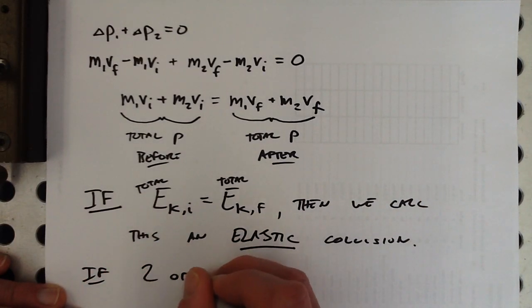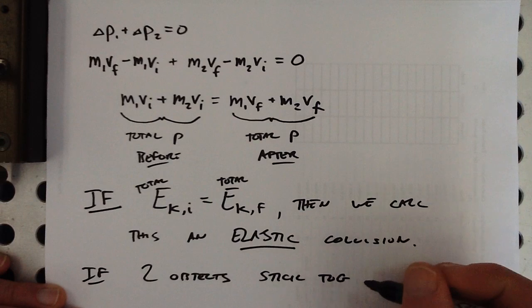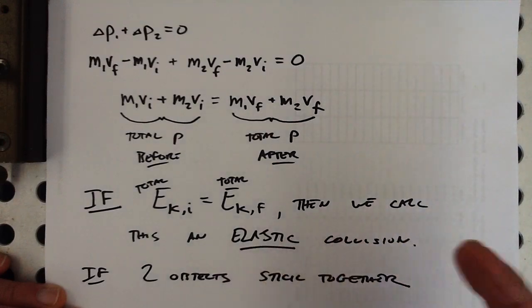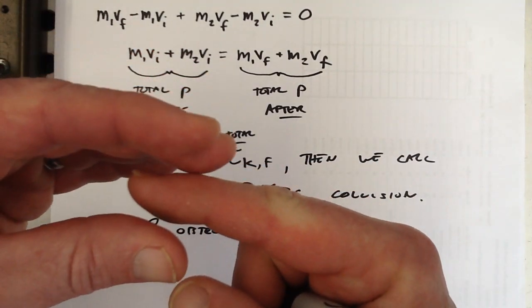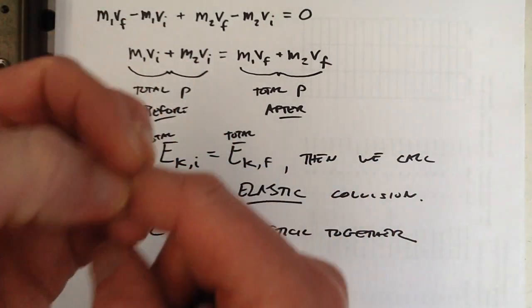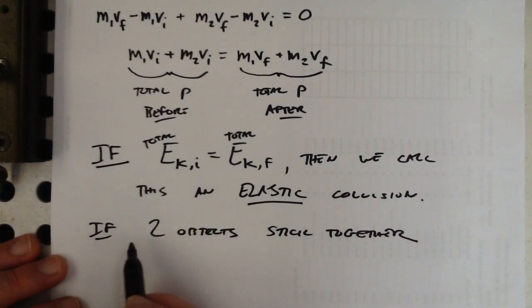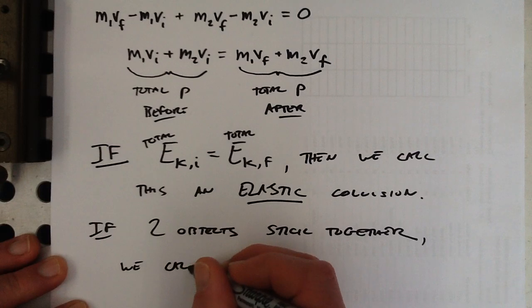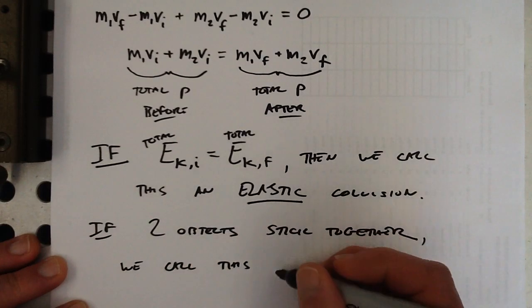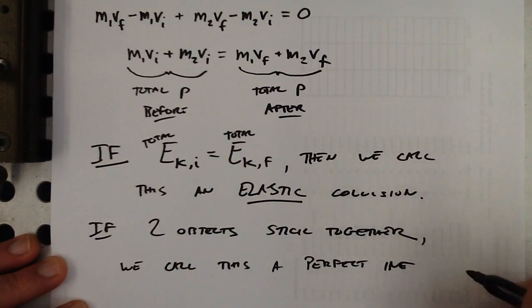If the two objects stick together and become one object, like the classic momentum problem of firing a bullet into a wood block or something like that, those two objects have effectively become the same object. It's like a bullet embedded in a block that moves together. If two objects stick together, we call this a perfect inelastic, or sometimes we'll just say inelastic.